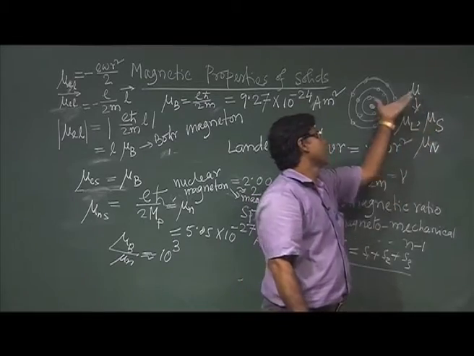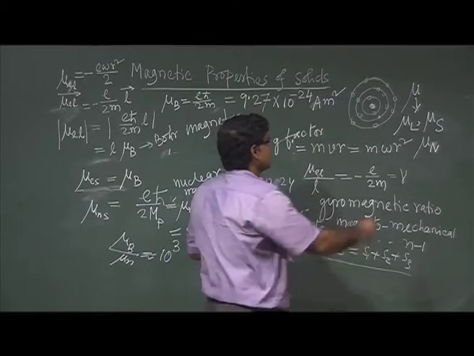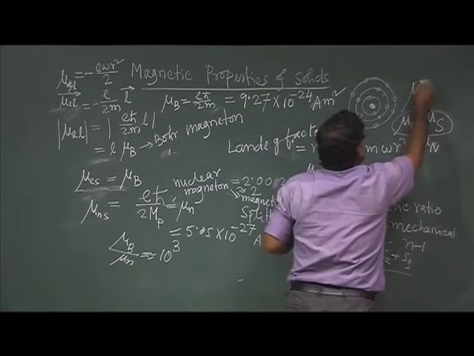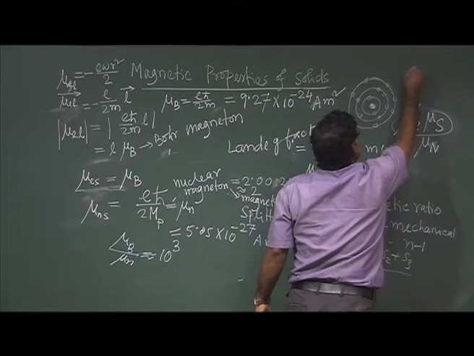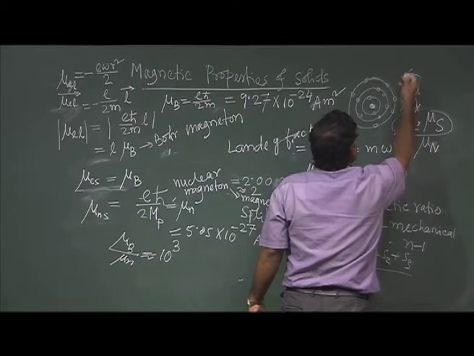So, mainly in magnetism the contribution is coming from these two. So, this is μ, the magnetic moment of the atom.